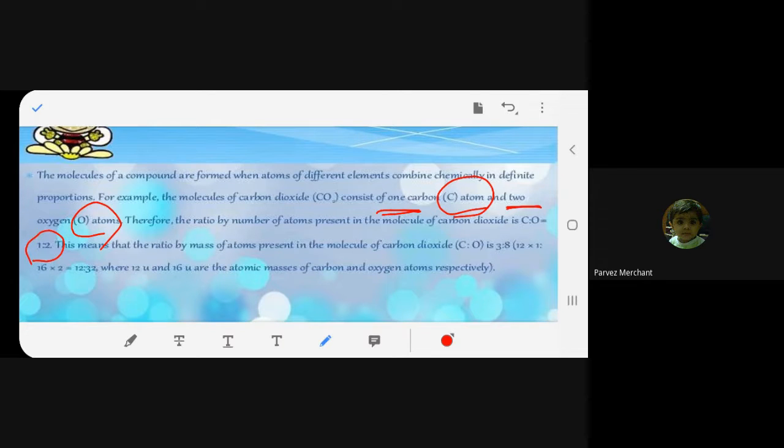I will do it later when we talk about the calculation part, the numericals part. You understand? So let's keep it this much. I don't want to get into detail. We will do it later. Is it clear to all of you? Yes. So the way the ratio of the number of atoms present is constant, the same way the ratio of atomic mass is also constant. Do you understand?